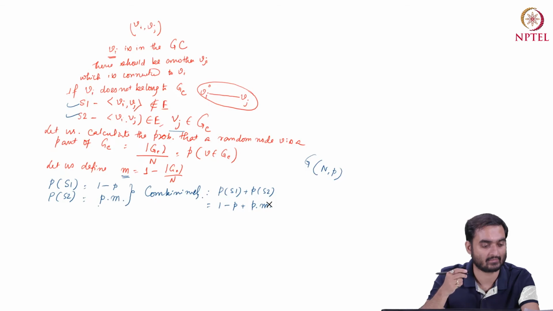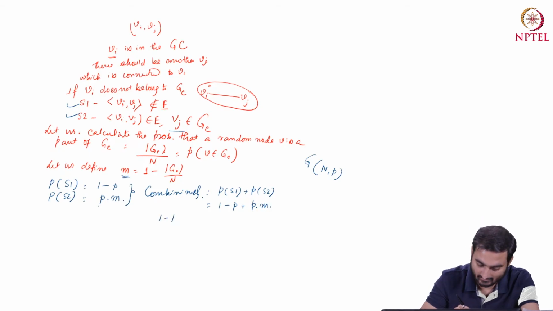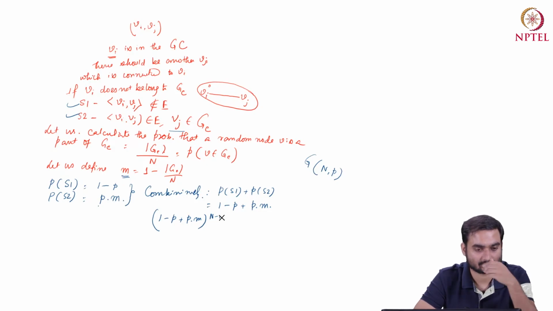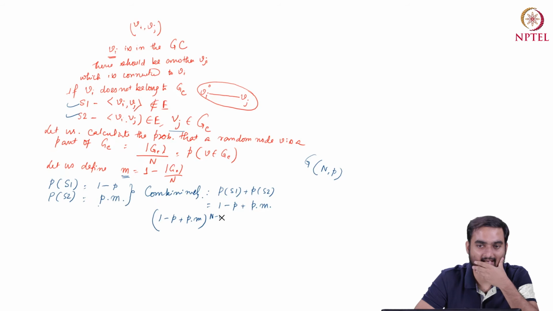So what is the total probability that n minus 1 nodes are not a part of the giant component? This is 1 minus P plus PM, to the power n minus 1. So the giant component will never emerge if this happens, meaning none of the nodes are part of the giant component.